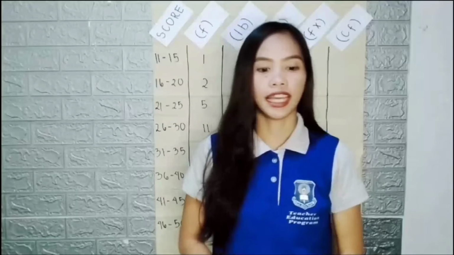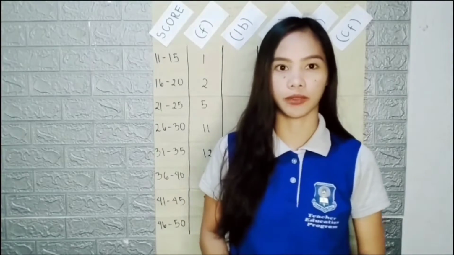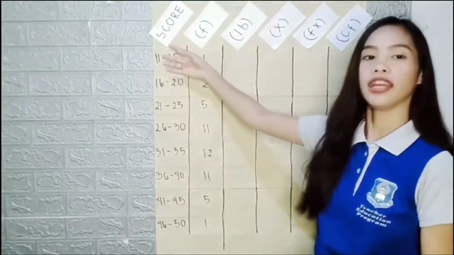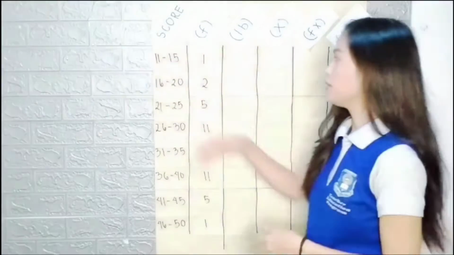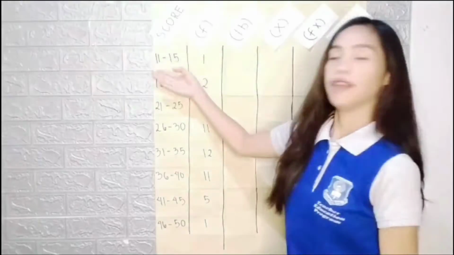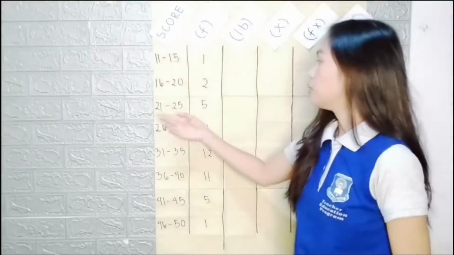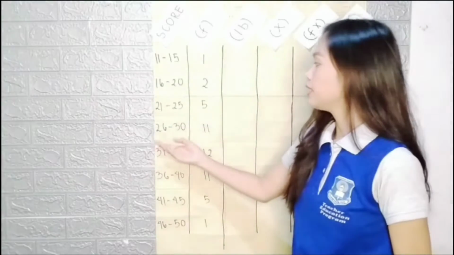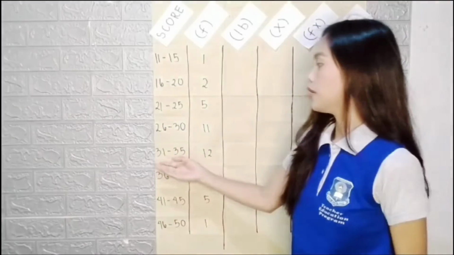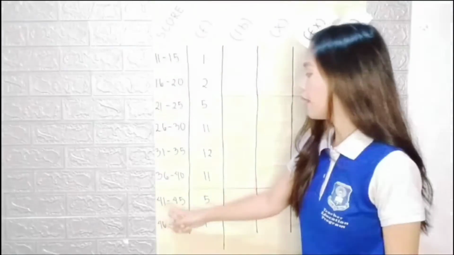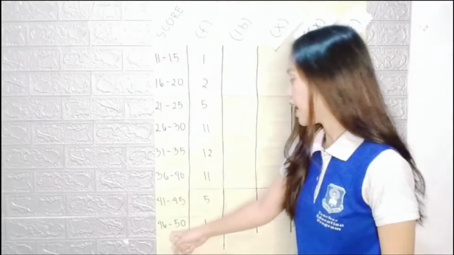For now, I will tackle how to calculate the frequency distribution. So we have the given here, the score and the frequency. Our score is 11 up to 15, 16 up to 20, 21 up to 25, 26 up to 30, 31 up to 35, 36 up to 40, 41 up to 45, 46 up to 50.